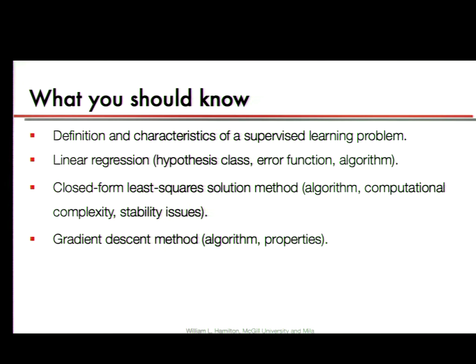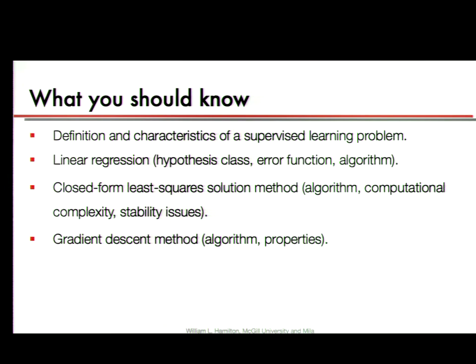We talked about linear regression, this idea of a hypothesis class, what an error function is, and the algorithm that we can use for finding a closed form solution. And we talked about the issues with this closed form solution, the fact it can be a bit expensive, its computational complexity. Something I didn't go into detail on is that another issue with the closed form solution is we did a matrix inversion.